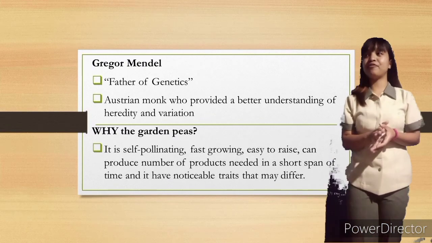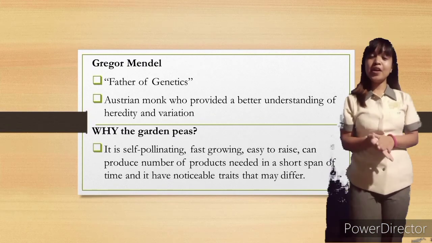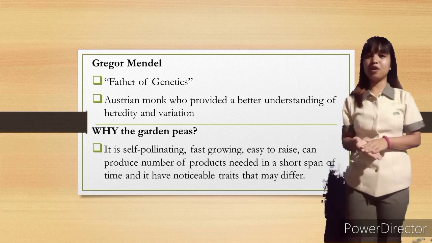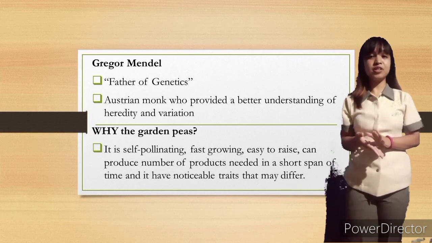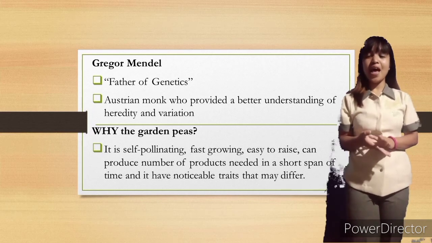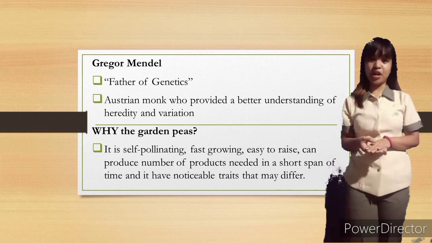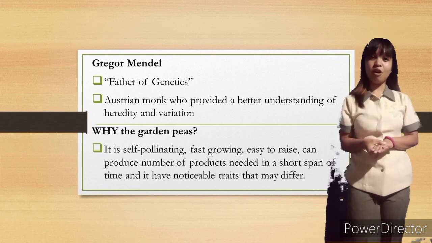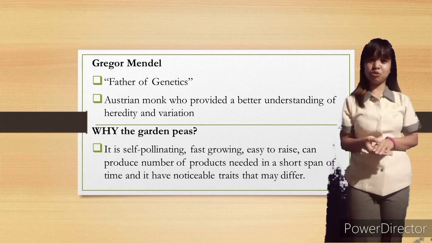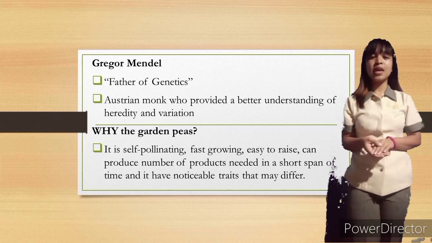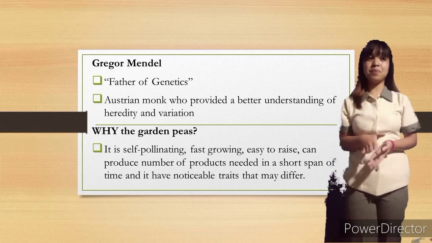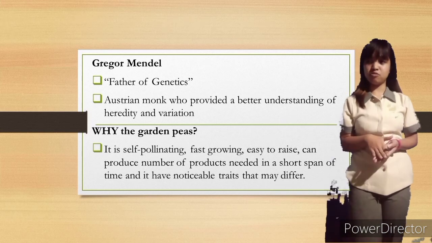Gregor Mendel is the father of genetics. He is also an Austrian monk who gave us a better understanding of heredity and variation by studying the characteristics of garden peas, or Pisum sativum. So why did he choose garden peas instead of other plants?